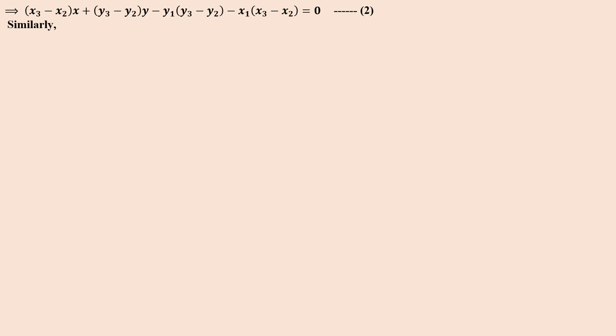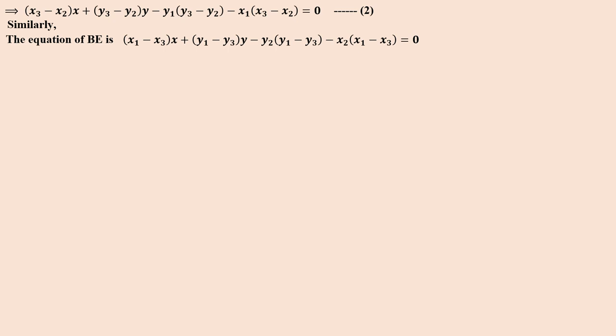Next we need the equation of BE. Similarly, replace in the cyclic order 1, 2, 3: suffix 1 to 2, 2 to 3, 3 to 1. So if it is x3, replace it with x1; if it is x2, replace it with x3; if it is x1, replace it with x2. So we get (x1 minus x3) x plus (y1 minus y3) y minus y2 (y1 minus y3) minus x2 (x1 minus x3) equals 0.